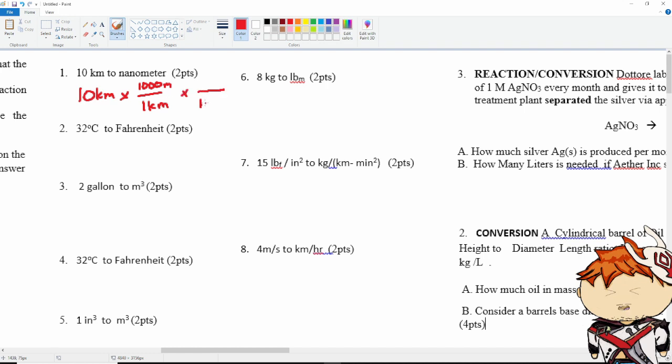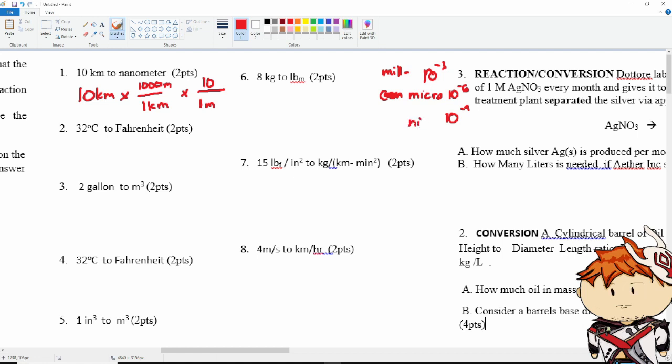There are prefixes: milli, centi, micro for 10 to the negative 6, and 10 to the negative 9 for nano.